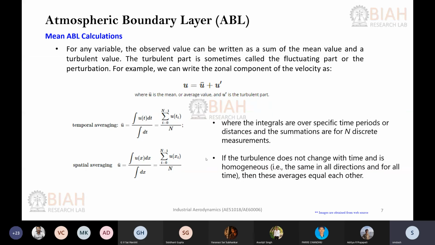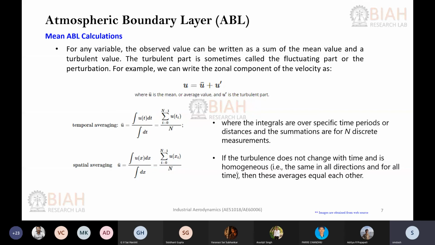Now, if the turbulence doesn't change with time and space, it is called homogeneous turbulence.